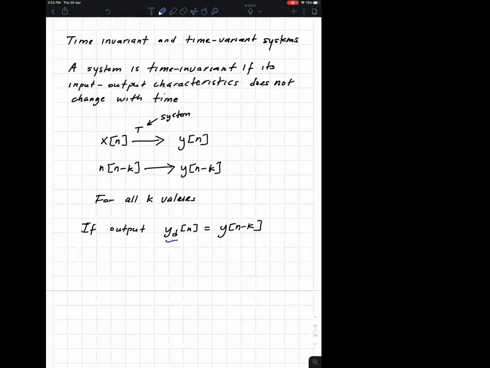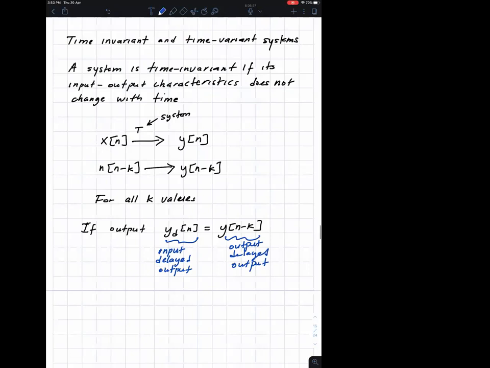This is input delayed output, and this is output delayed output. Earlier on, we have already gone through this.